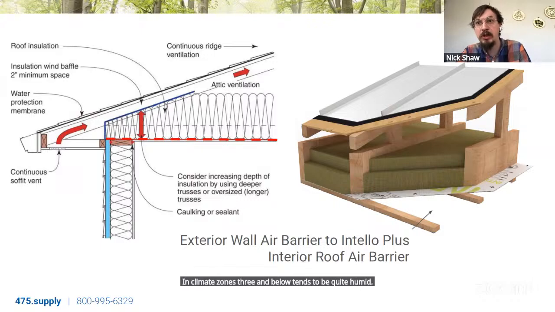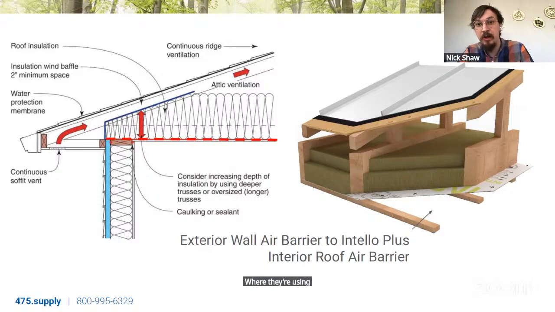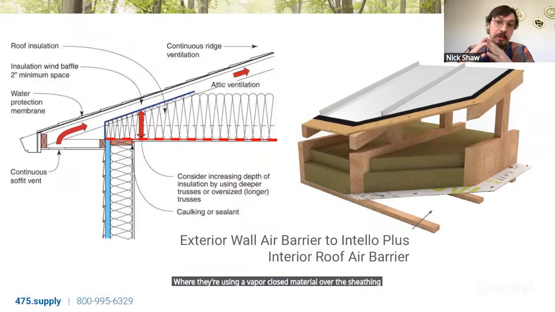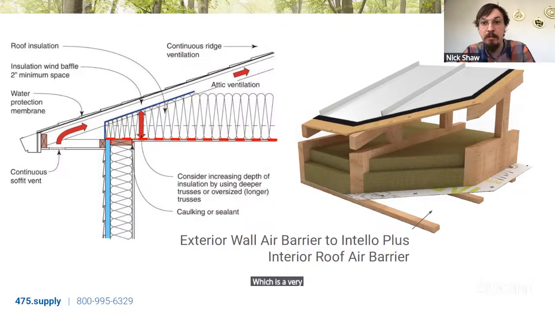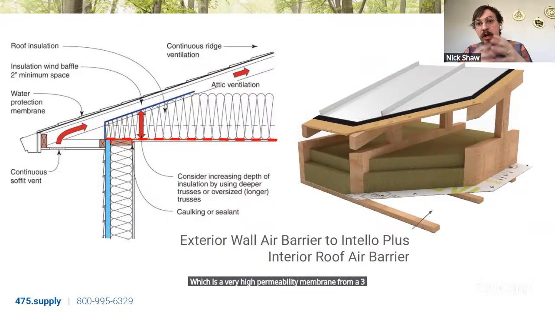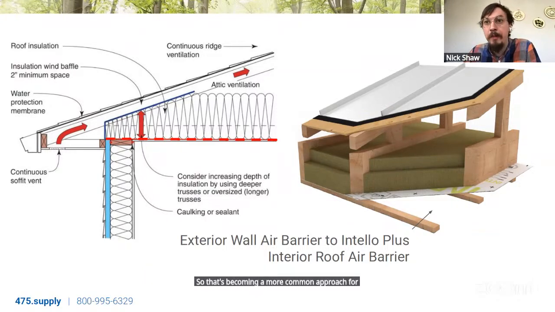So a lot of projects are keeping with that cathedral ceiling setup for more humid climates, and they're maybe doing a vapor diffusion port at the ridge, where they're using a vapor closed material over the sheathing, but then at the very ridge peak, they're switching to the Solitex Mento 3000 membrane, which is a very high permeability membrane, perm 38 perms. So any moisture that's built up in that insulation and framing can diffuse out at the ridge. So that's becoming a more common approach for climate zones 3 and below.